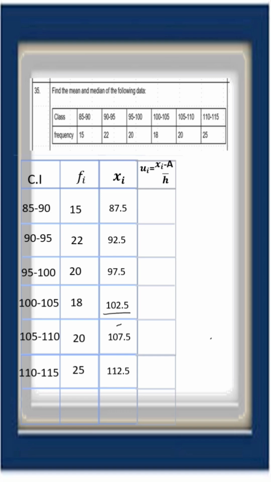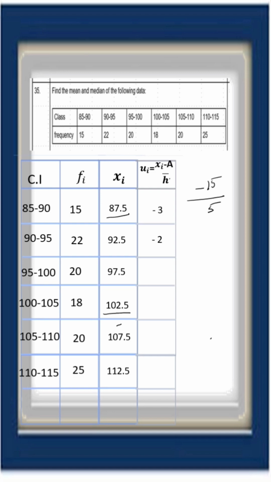Now let us subtract 102.5 from 87.5. What is it? Negative 15, divided by h, the class size, that is 5. This is minus 3. Now 92.5 minus 102.5 is negative 10, divided by 5, it is negative 2. 97.5 minus 102.5 is negative 5.